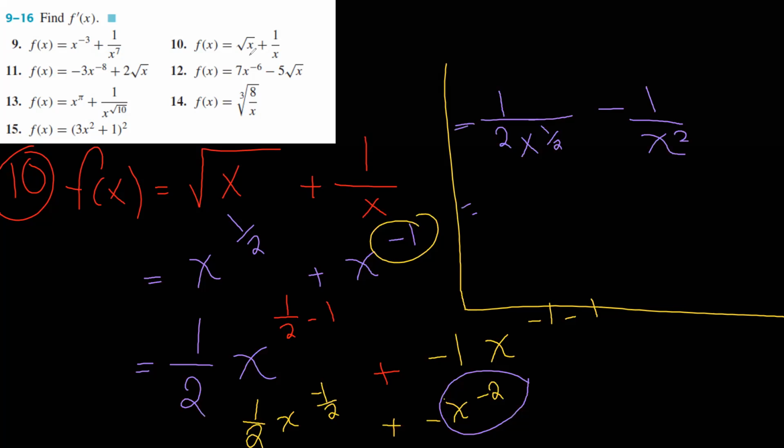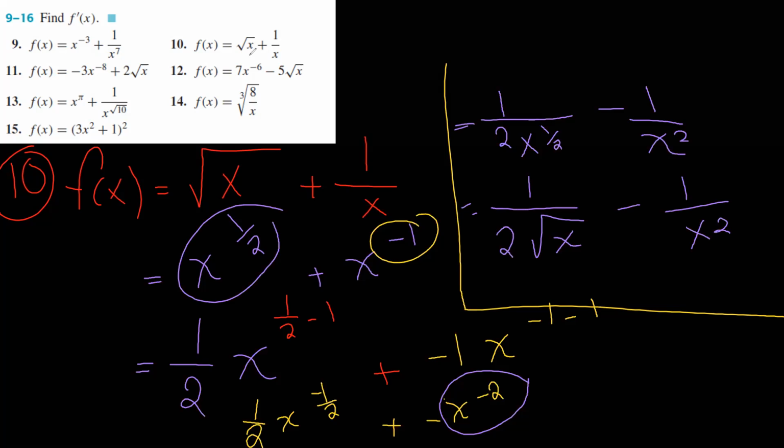Then the more simplified is 1 over 2, and x raised to the power 1 over 2 I can rewrite as square root of x. So here it will be 1 over 2 square root of x minus 1 over x squared. This will be f prime of x. Is it clear?